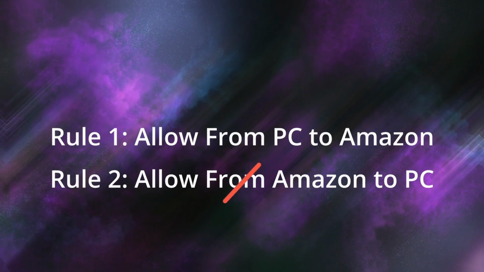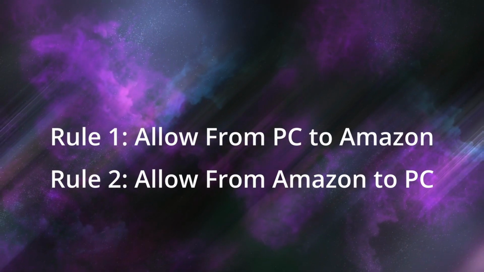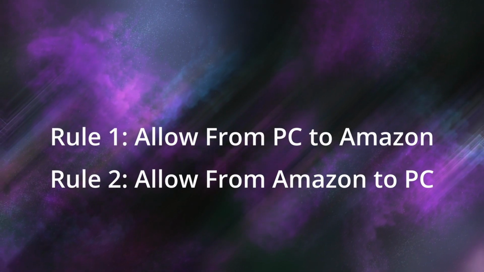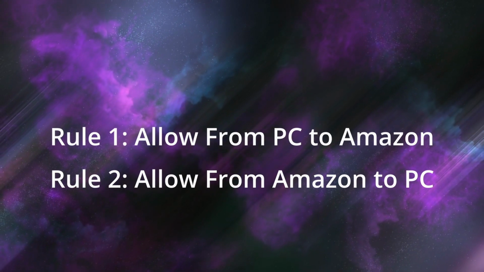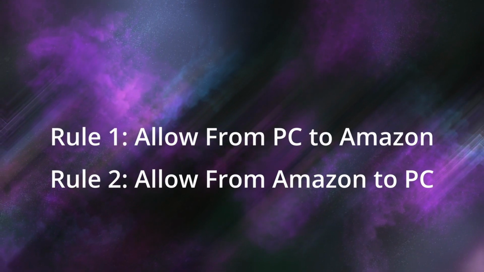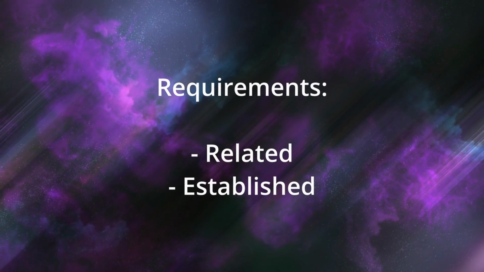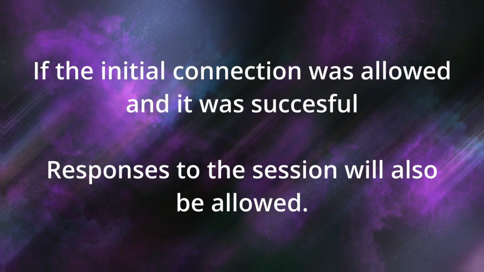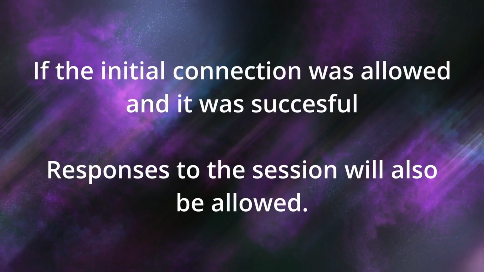If we allow the outbound connection from your computer to Amazon.com, once that connection is established and allowed through, the firewall will know to allow the response from Amazon since the connection is related and established. All that means is that your computer has to initialize the session to the destination.